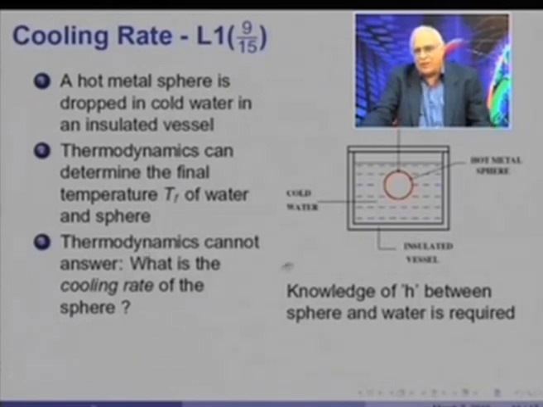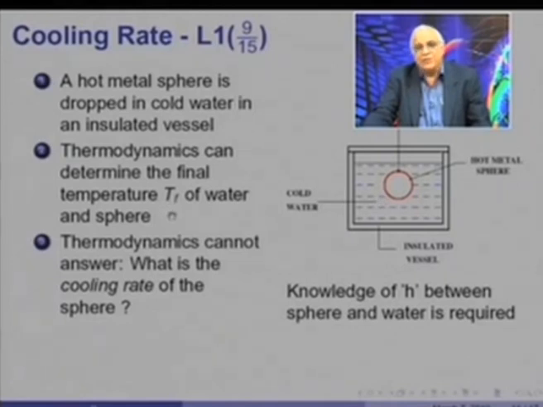Thermodynamics, however, cannot answer the question, what will be the cooling rate of the sphere? In other words, what will be the rate of change of temperature with time of the sphere, nor can it readily determine how long it will take to reach Tf, the final temperature.